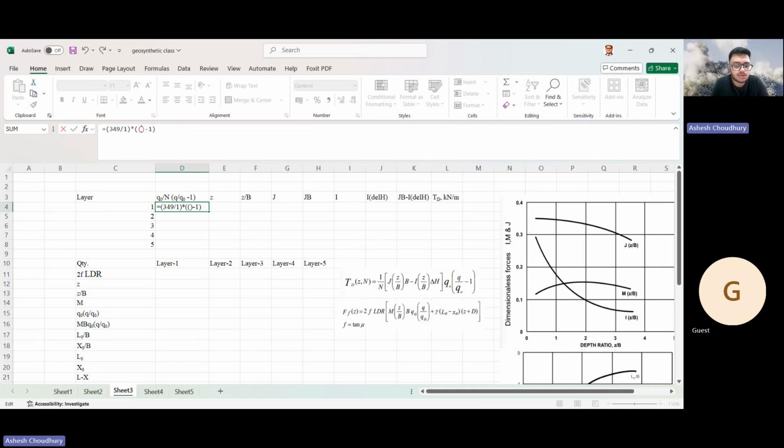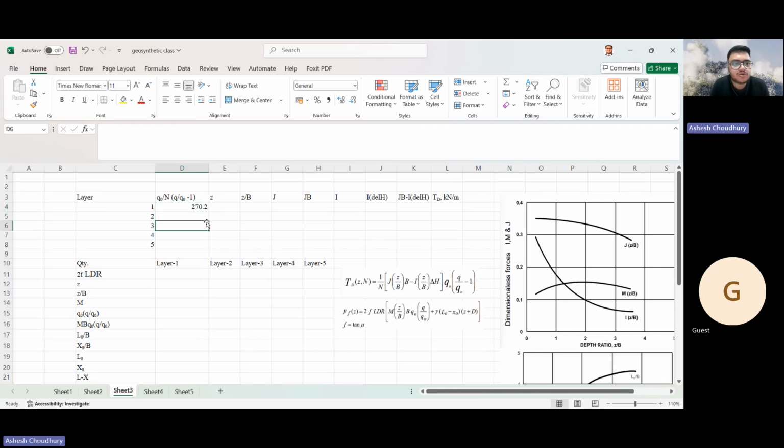349 by Q by Q naught. So this number of layer is, so we have 270.2.